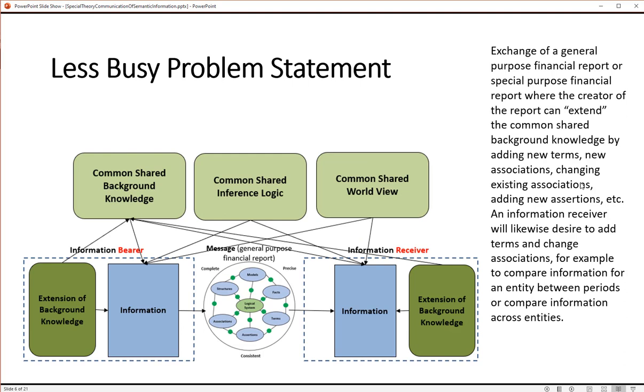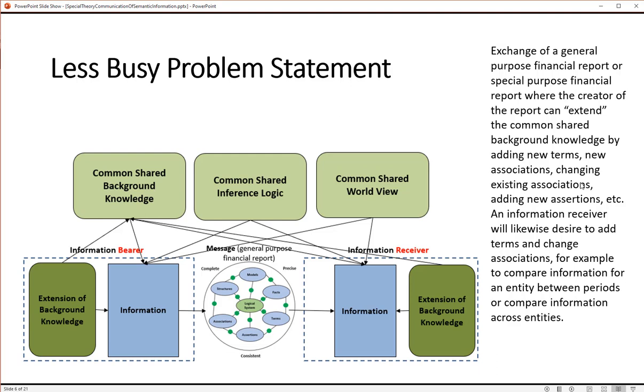So basically the problem is you have an information bearer that wants to exchange information, and the information bearer and information receiver, for that matter, can extend or change, modify the common shared knowledge, and you have to be able to adapt to that.